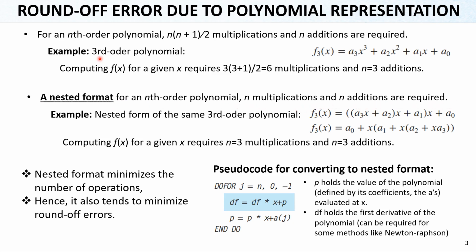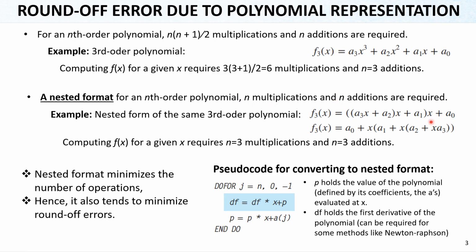So for this third order polynomial example, for instance, we will have this kind of representation. Basically, here we can just write these in terms of x values by having these in parentheses. This way we will have fewer operations: n multiplications and n additions.